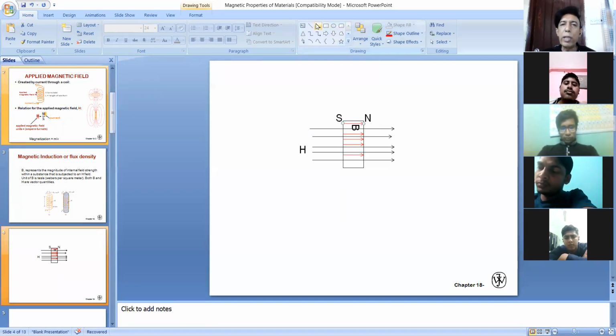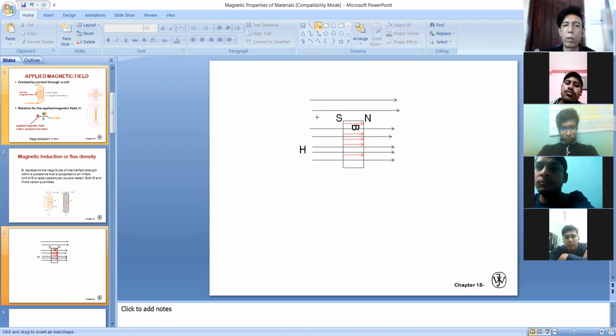So outside it, say for example, this is H field, here is also H field, here is also H field.